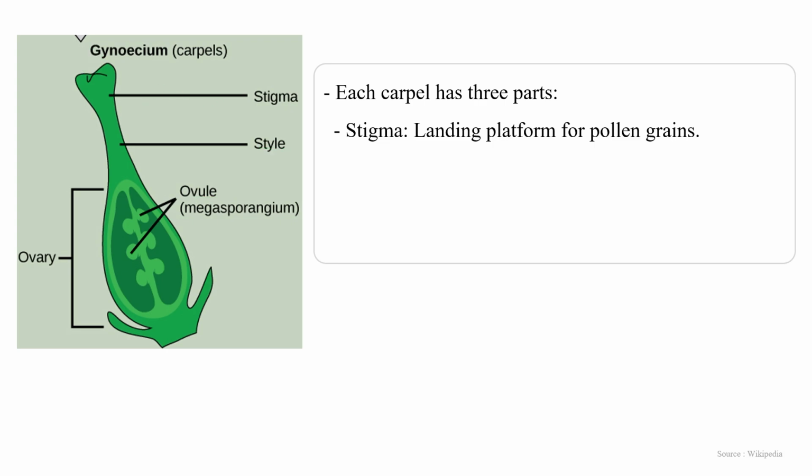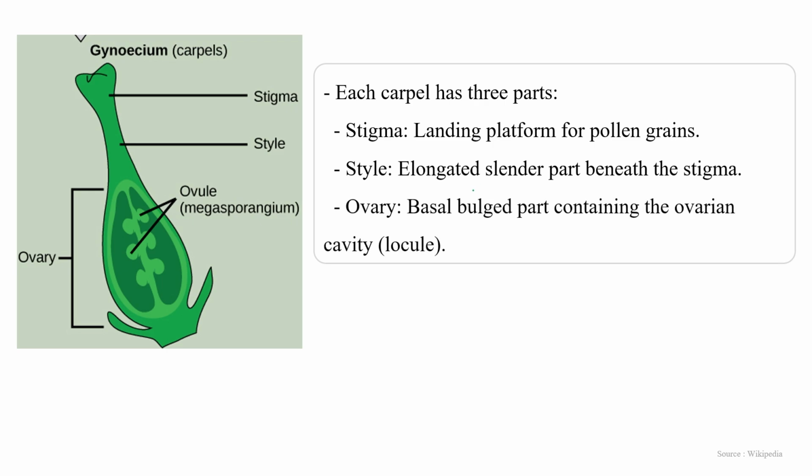The style is an elongated part beneath the stigma, and then the ovary is a basal bulged part containing the ovarian cavity or locule. In this ovary, ovules or megasporangia are present.